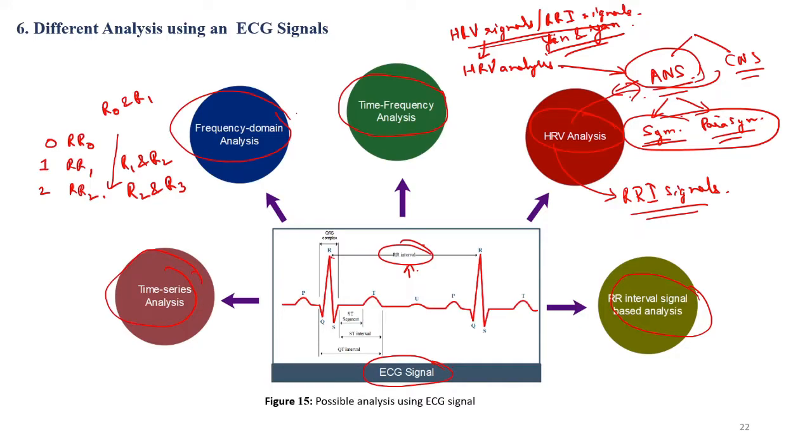The analysis of the autonomic nervous system using the HRV signals provides us one of the easiest ways to predict how our autonomic nervous system would be behaving. Okay, so HRV analysis is one of the most important things in the biomedical industry pertaining to autonomic nervous system activity. Okay, so these are a few of the applications of ECG signal processing.